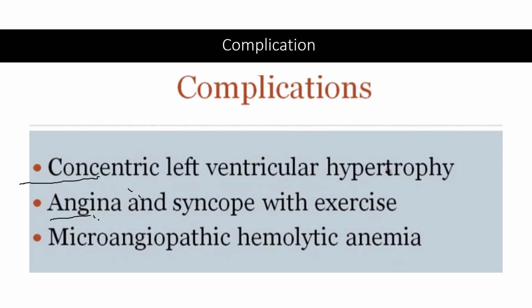Because the aortic valve is stiff, so the blood is pushed very hard, and in that process the RBCs might get damaged, causing microangiopathic hemolytic anemia. So these three are the complications of aortic stenosis.